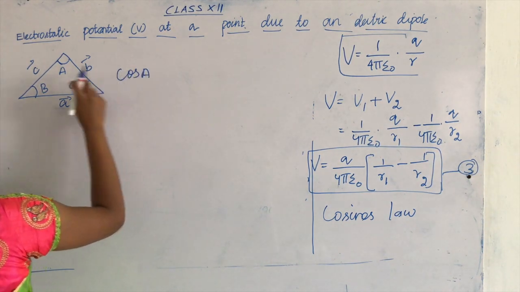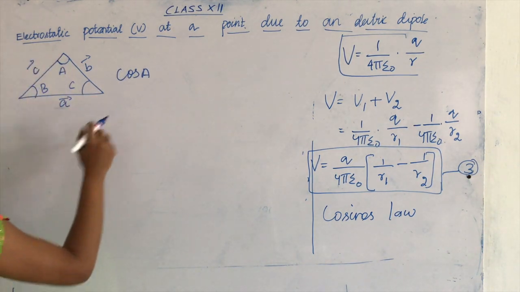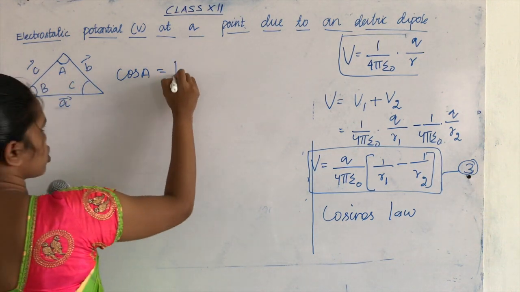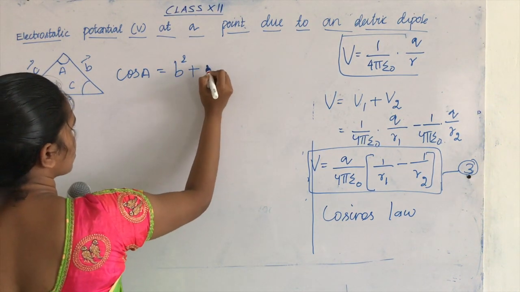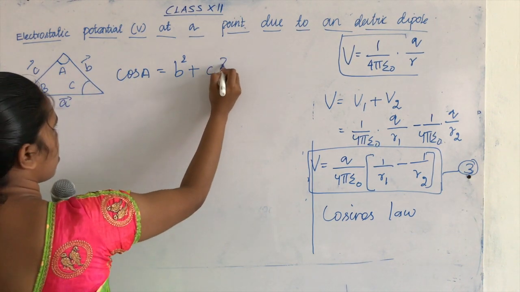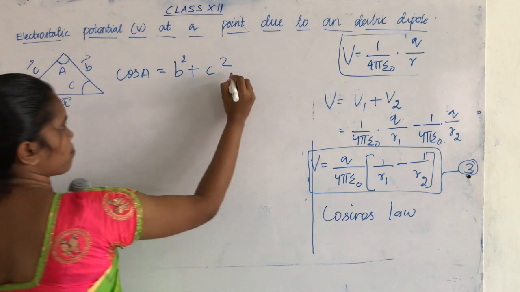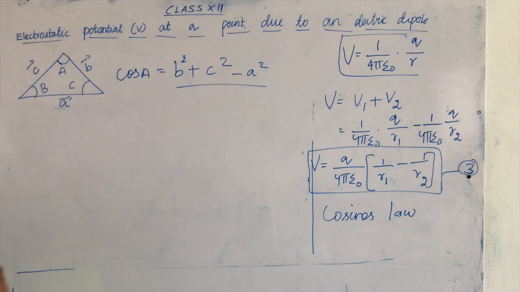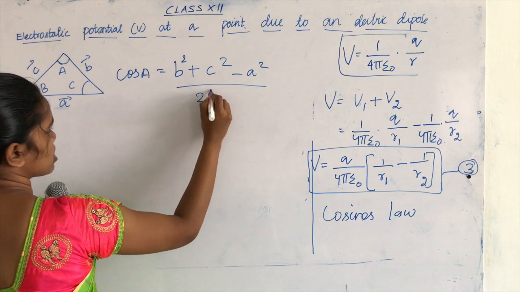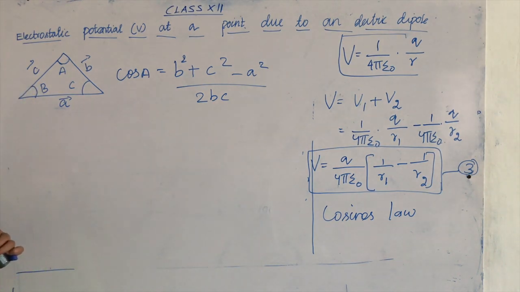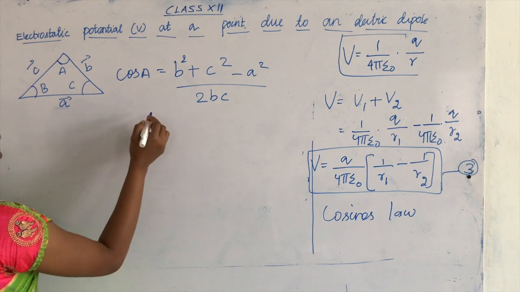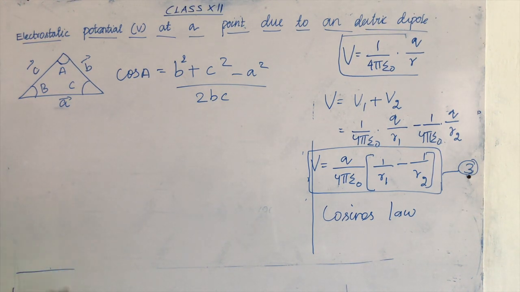Cos A, we are taking the angle for A, equal to the two nearer sides: square of B plus square of C minus square of A, divided by 2 into BC. This is cosine's law.